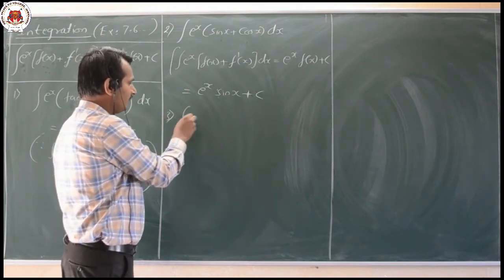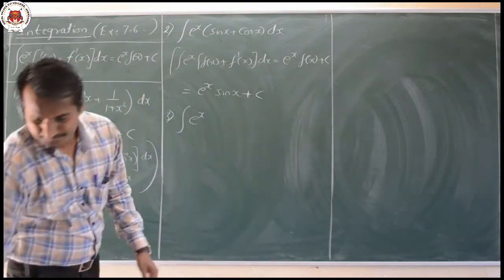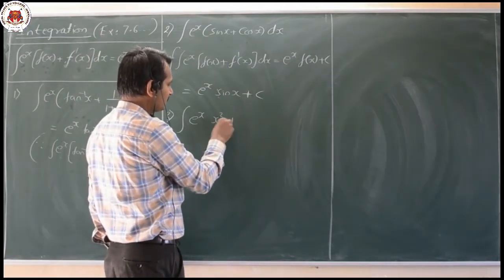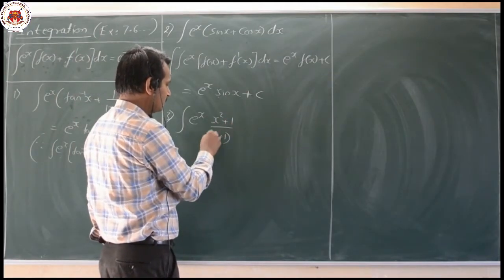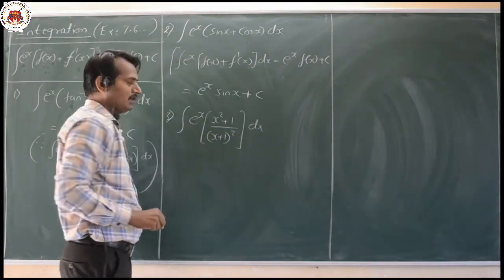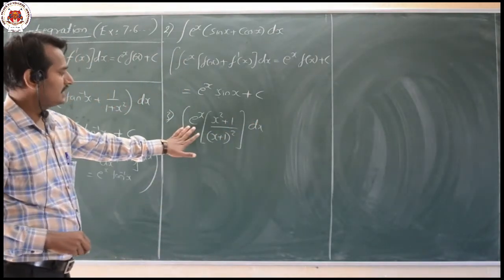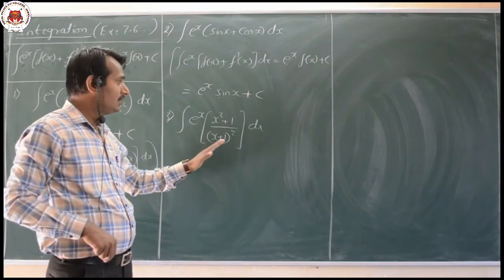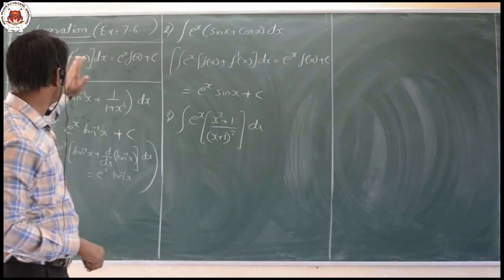Third question: integration of e raised to x into x square plus 1 divided by x plus 1 whole square into dx. Here also we have e raised to x, but the bracket term is not in the form of f of x plus f dash of x.